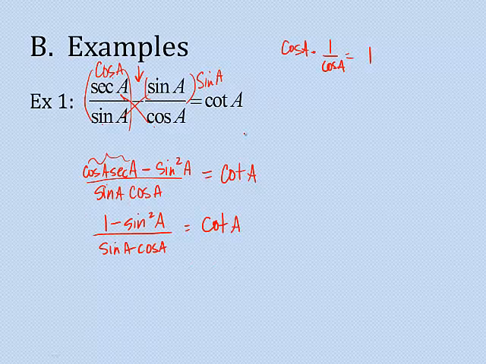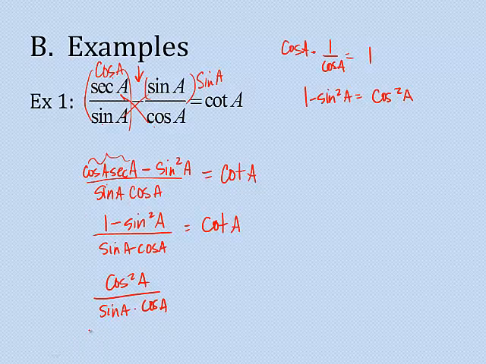Now, look on your card again. You should begin to remember that 1 minus sine squared of a, or theta, or x, whatever, is equal to the cosine squared of a. So this is the cosine squared of a over the sine of a times the cosine of a. Now, let's figure this out.